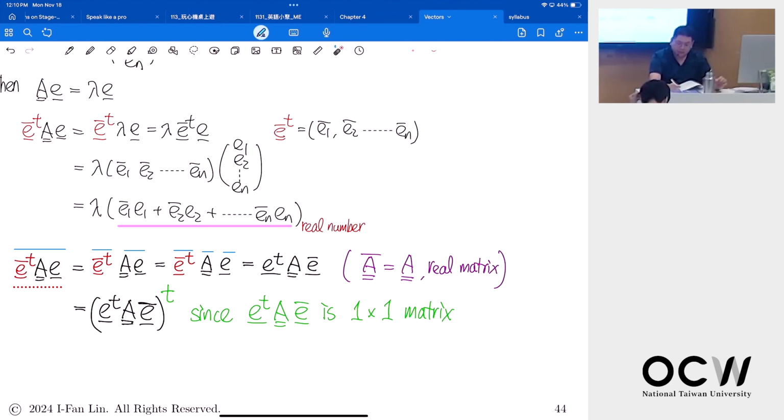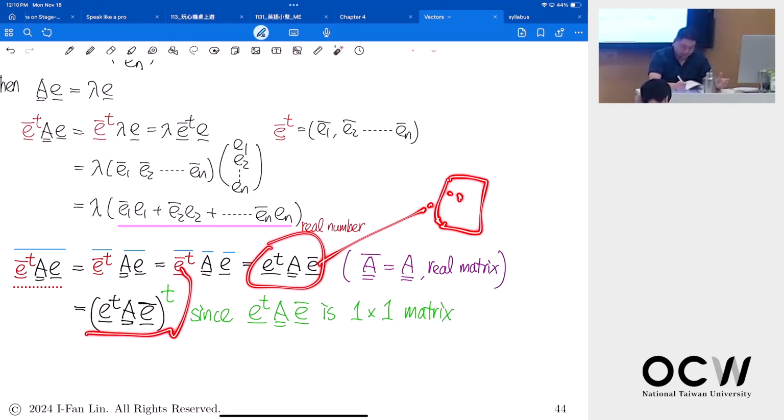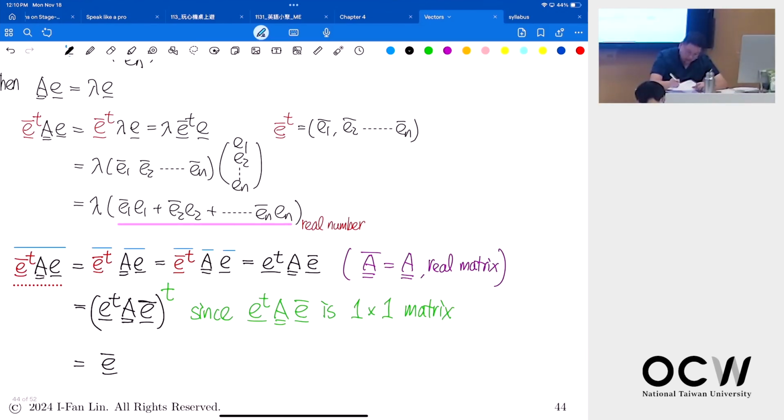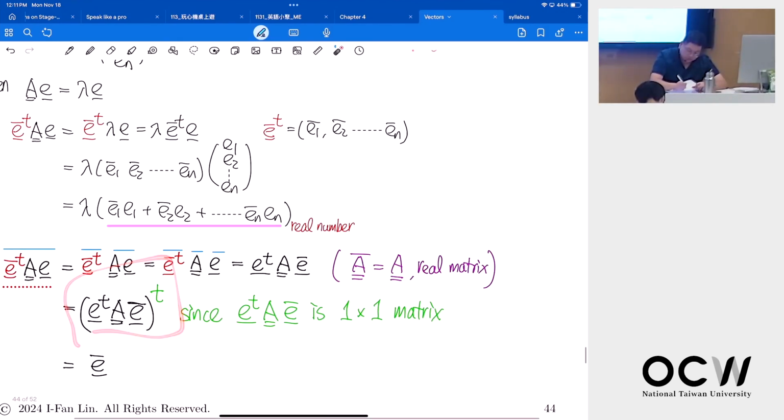You can verify that this finally will be a 1 by 1 matrix, just like a number. So if I take the transpose, when you do the transpose, I will do that backwards. This first and then go back.